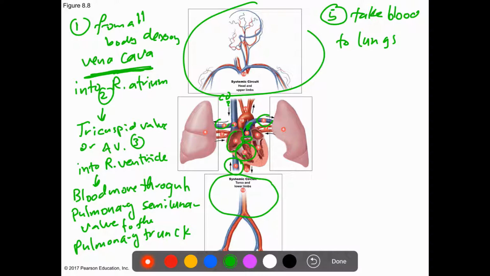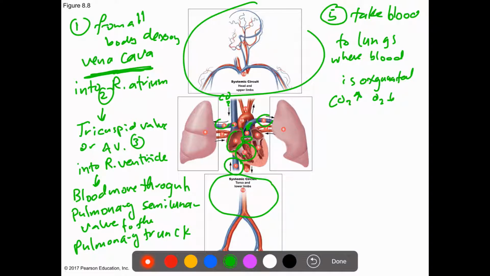In the lungs, the blood is oxygenated, meaning that CO2 is given up and oxygen is reabsorbed.